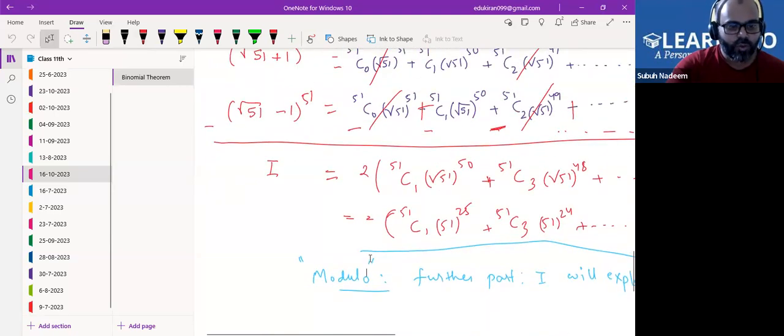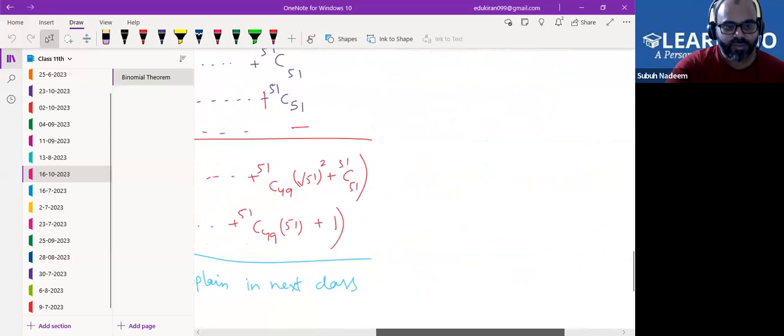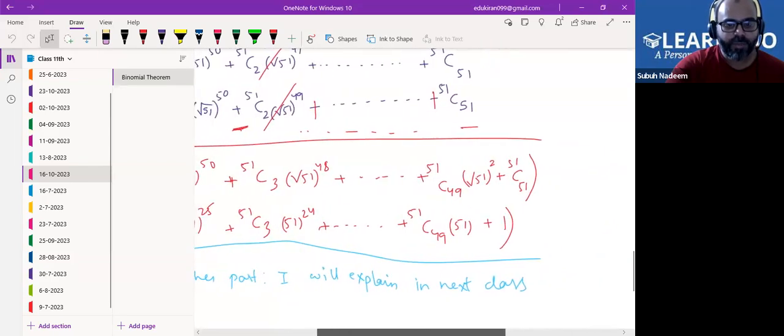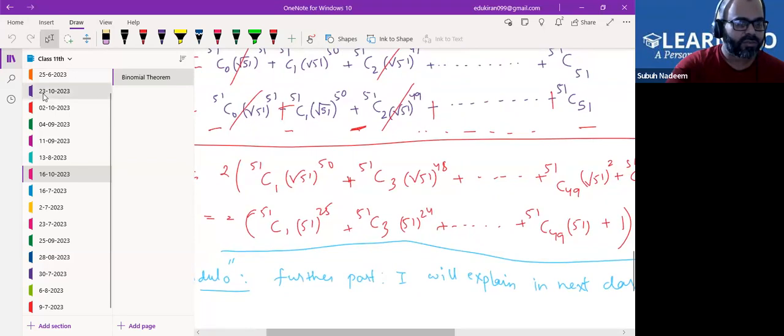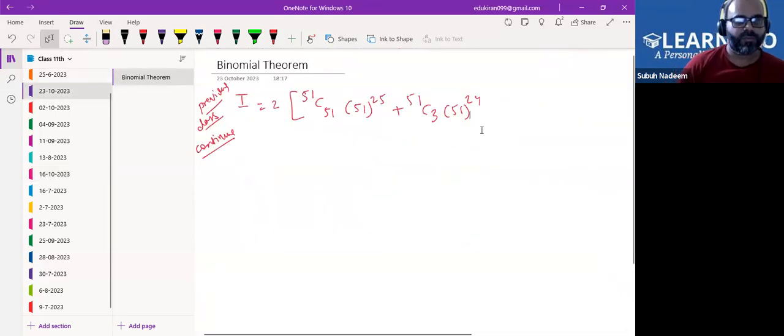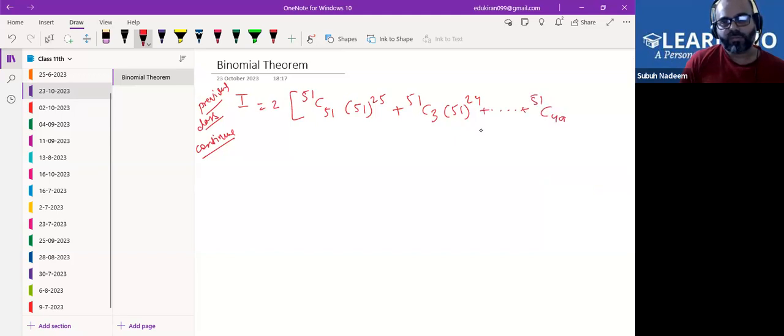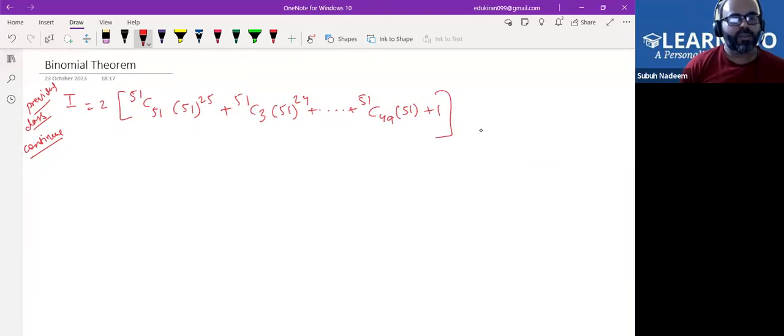And this keeps on going till we get something like this, that it is 51C49 times 51, and then plus 1. So this was what we had earlier.